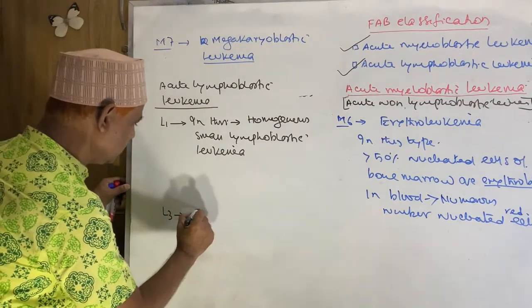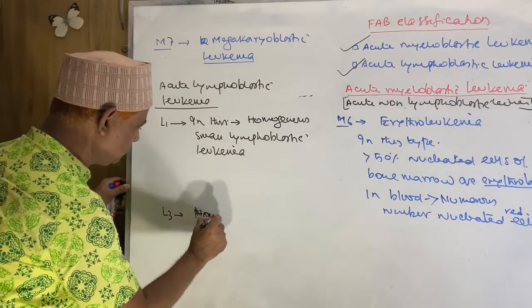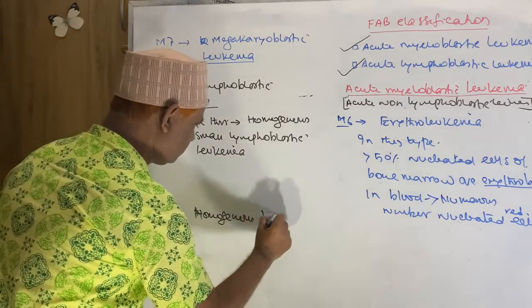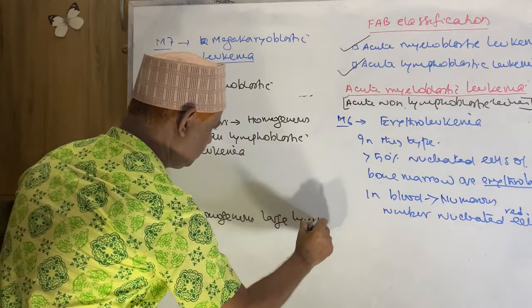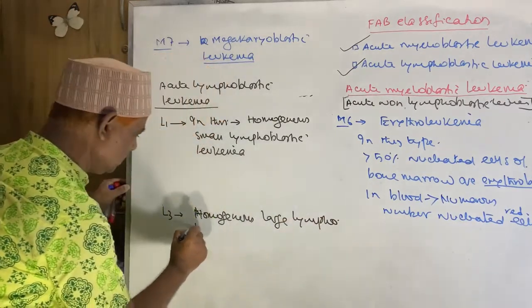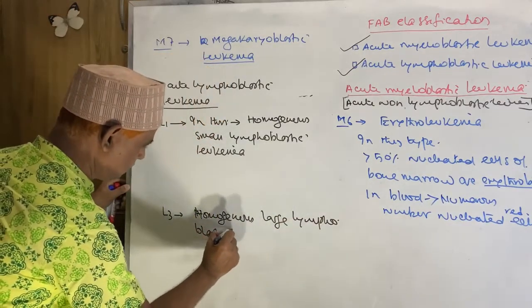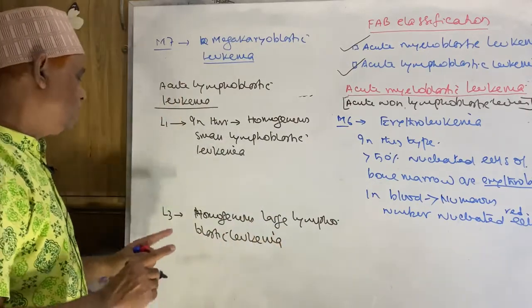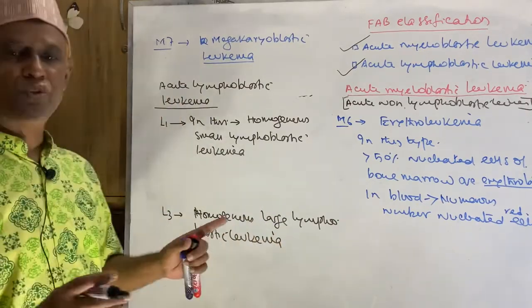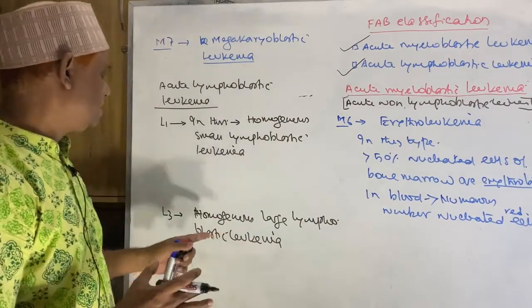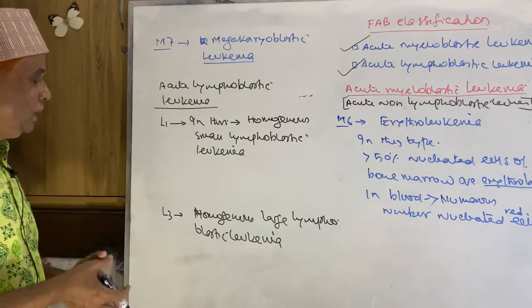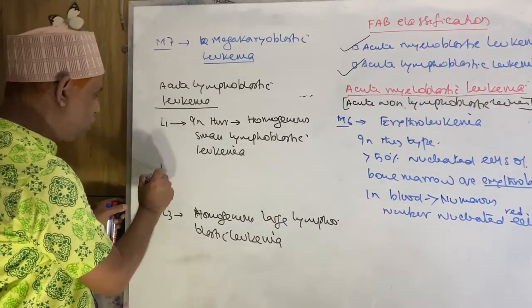Now come to L3. L3 is also homogeneous. It is homogeneous large lymphoblastic leukemia. So in this L3 type, most of the lymphoblasts are large lymphoblasts. Now come to L2.